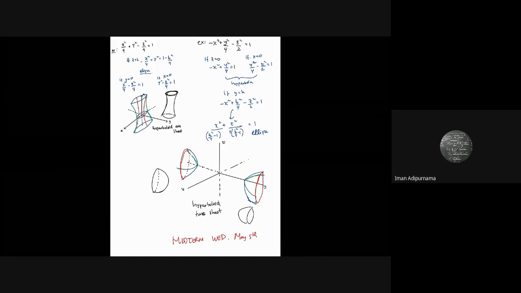Let me add something, and then we can go to some intro for chapter 13 and exercises for your midterm. Okay, so a summary for 12.6, the quadratic surfaces.